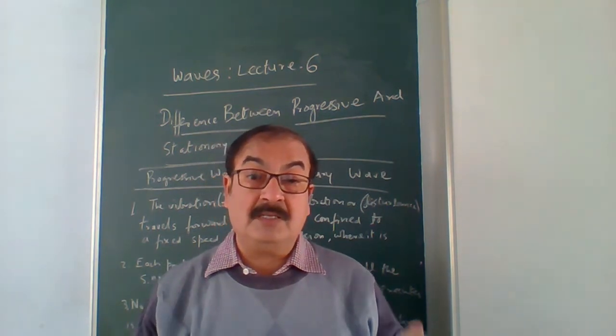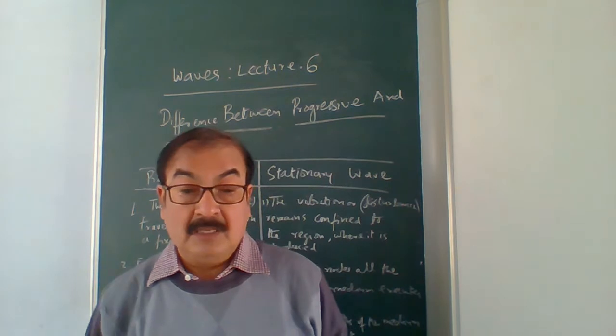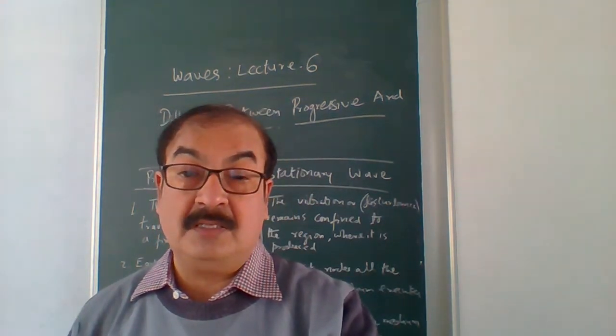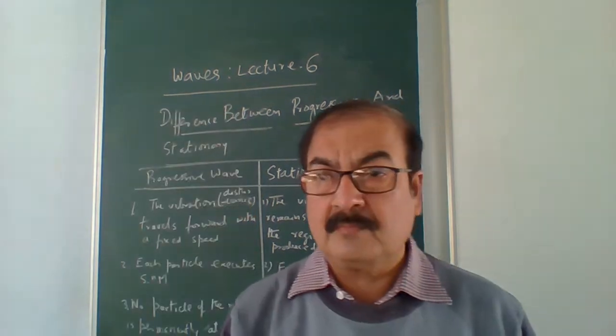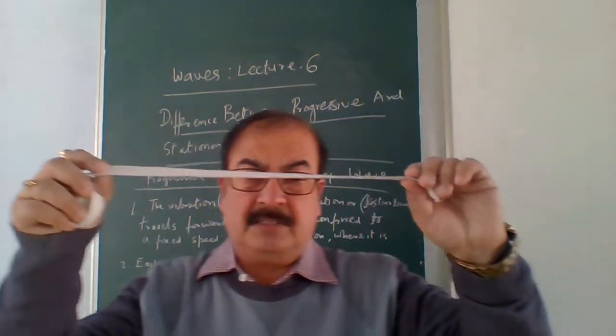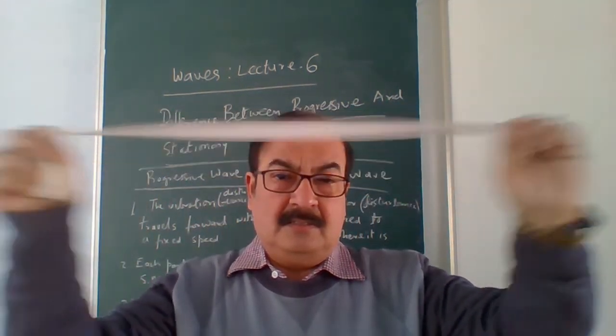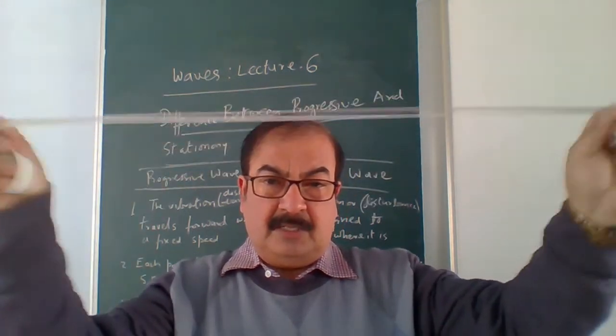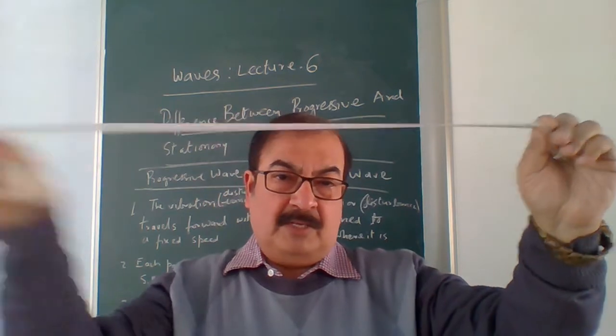On the other hand, if we have a string and we just try to pull it, let us see how it behaves. Suppose we have this string. You can see that I am pulling it in one direction.